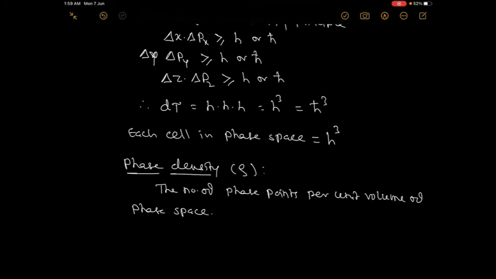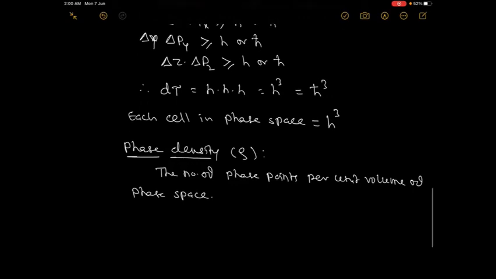Here, the state of a gas at any instant of time is completely specified by phase density, with which the phase points are distributed in a given phase space.